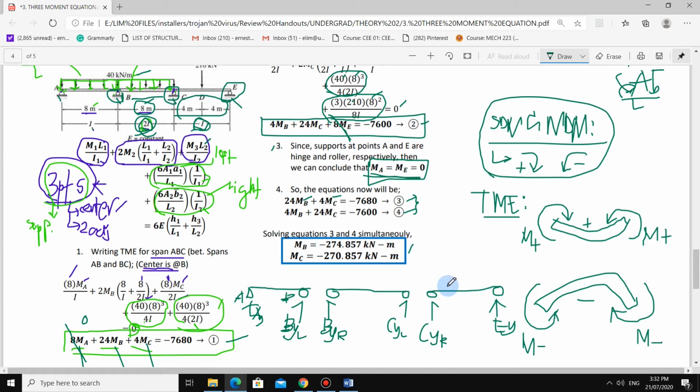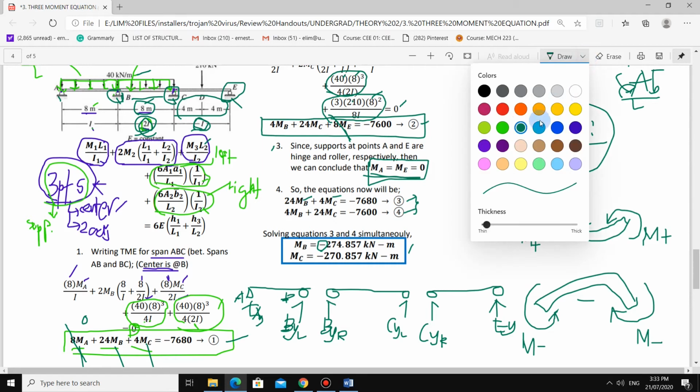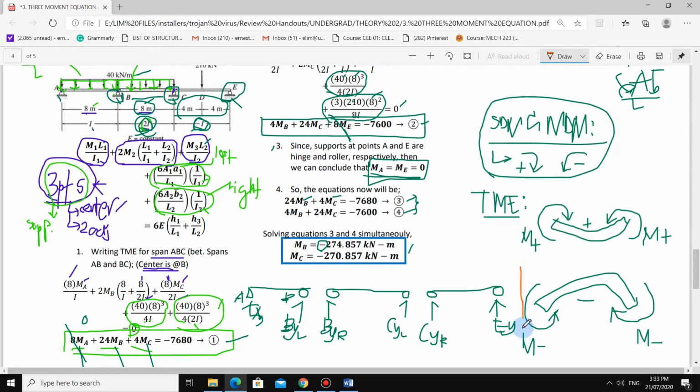Okay, so from the result guys, so MB is negative. Tama, so negative siya. So pasabot kung negative siya, mahulog siya dali. Okay, so mahulog siya dali.